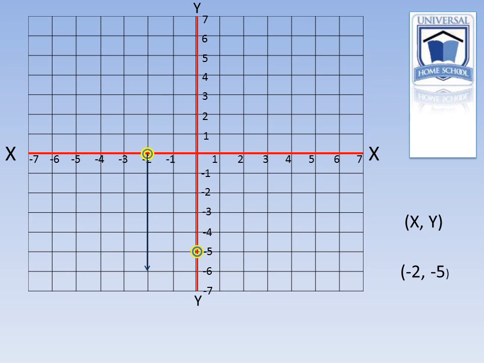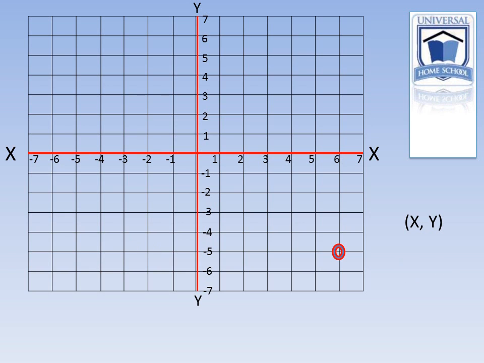And we know our -5 on the y-axis would hit right here, and that would come across, and that would meet where our x lies. And that would give us the exact position of where we're going to put the red circle. Okay, so the coordinates of this red circle would be -2 and -5. -2, x, and -5.